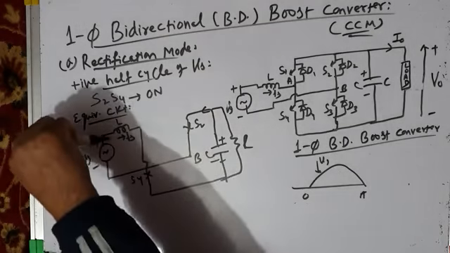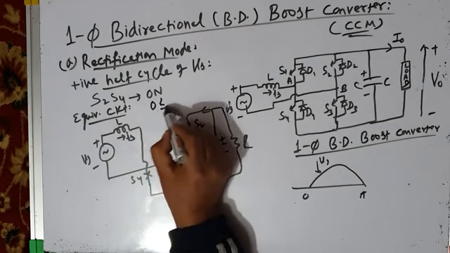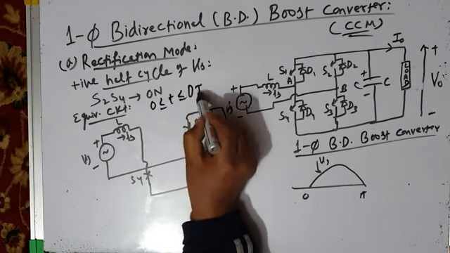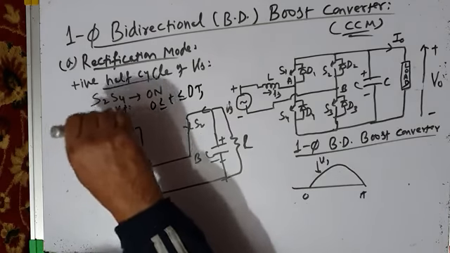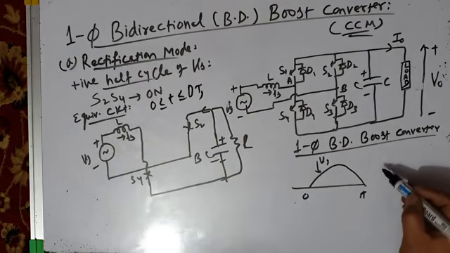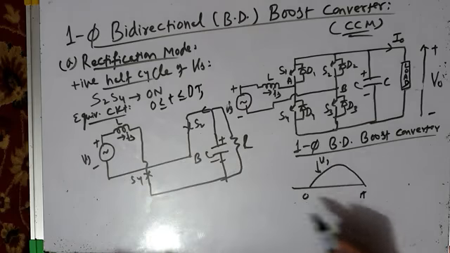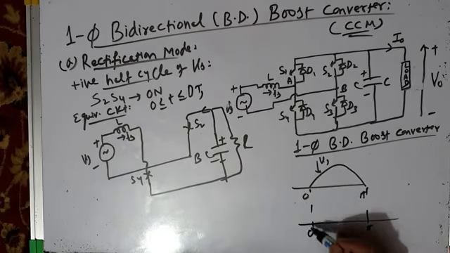So current through the inductor, I mean this is energy storage interval 0 to dTs. Since current is flowing through the inductor like this, energy gets stored in the inductor and the current through the inductor increases. I mean source current will increase. If this is 0, this is pi, current will increase.